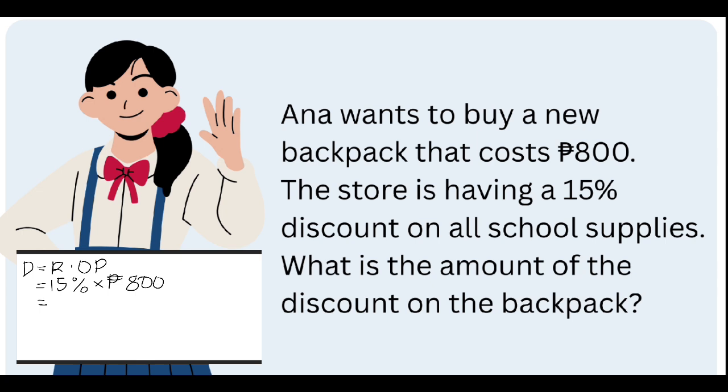The next step, we will convert this 15% into decimal. Percentage is out of 100, so 15 divided by 100 is equal to 0.15.